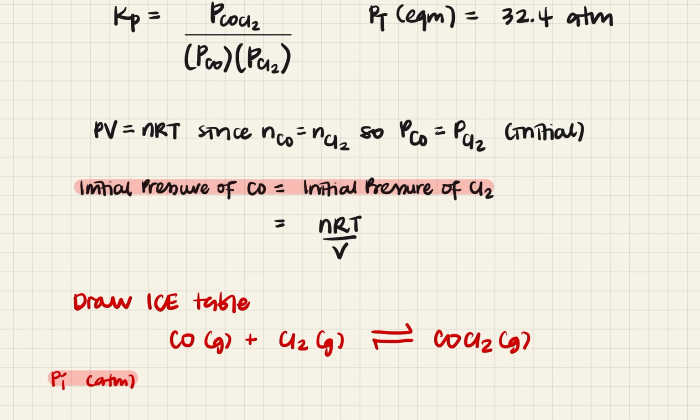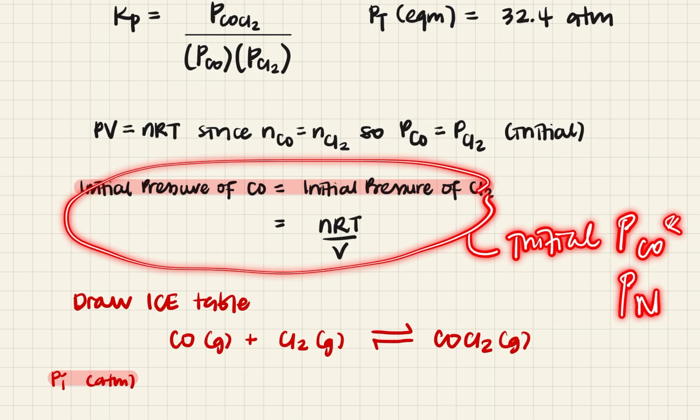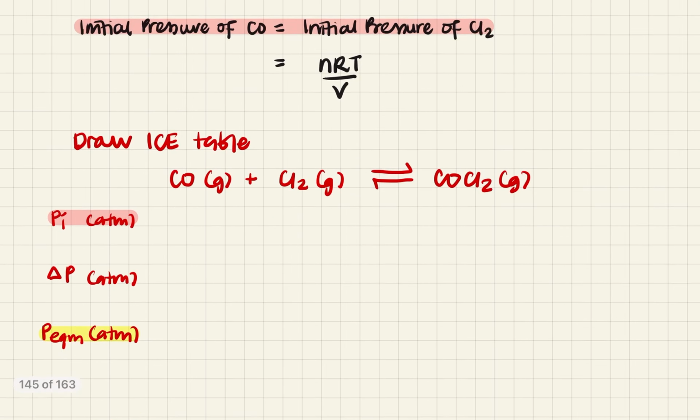So saya dapat daripada this formula to get your initial pressure of CO and pressure of Cl2. Okay, so it will be 31.32. Cari sendiri, kira. So initially ada tu, so masa initial mestilah awak punya product tak form lagi.